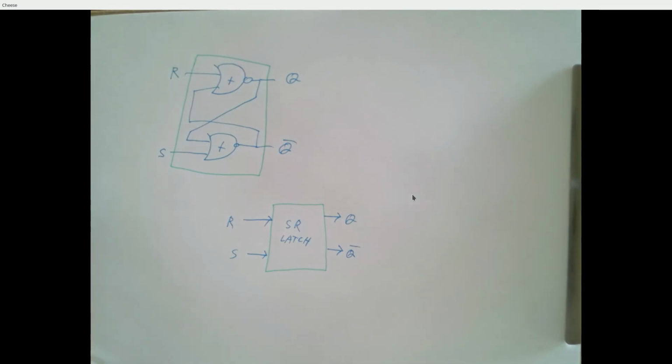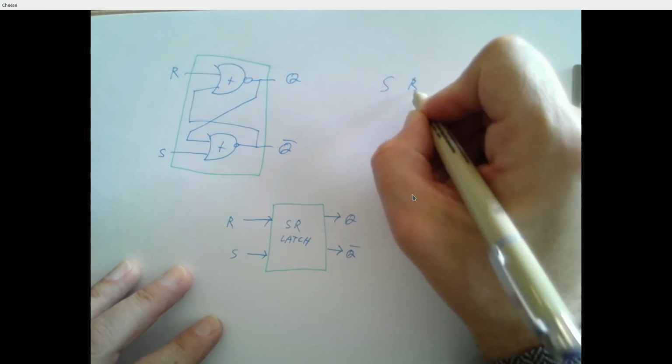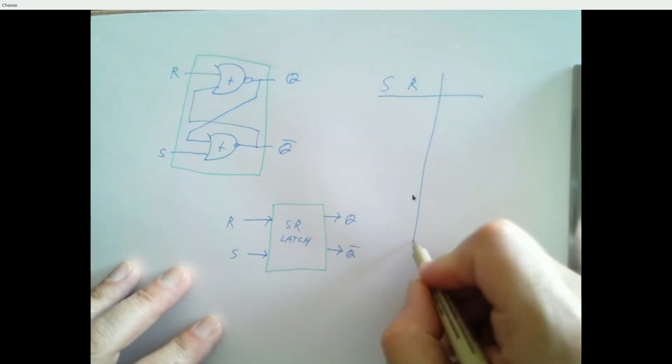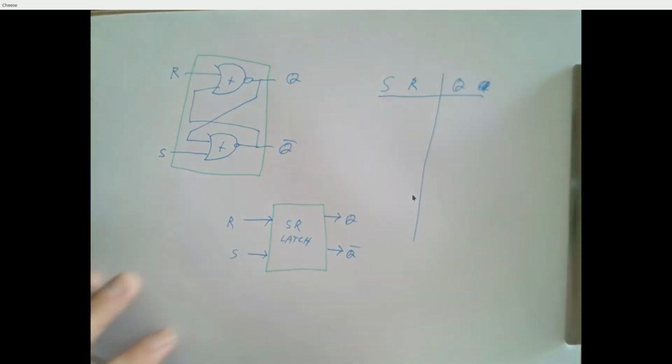So this is our SR latch. It has two inputs, R and S, and two outputs, Q and Q bar. I'm not going to put Q bar in there. Q bar is just the opposite of Q.